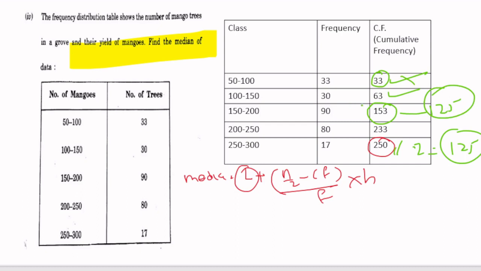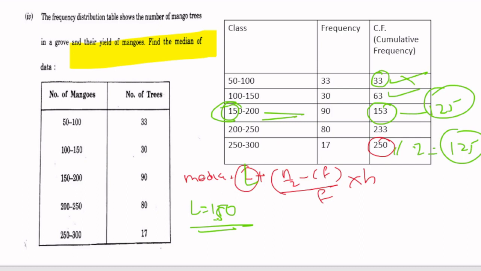The moment you find it in the cumulative frequency table, this particular class will become the modal class, and L is nothing but the lower limit of the modal class, that is 150. So L will be 150. How did we get the modal class? Total frequency divided by 2 is 125, and 125 falls in this particular group.